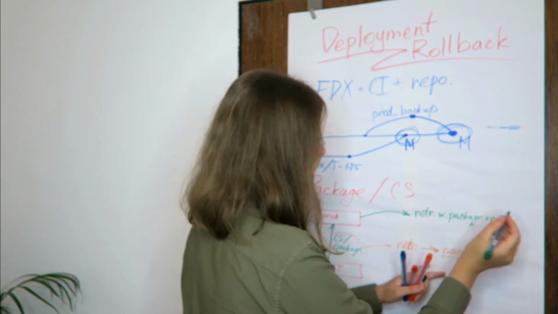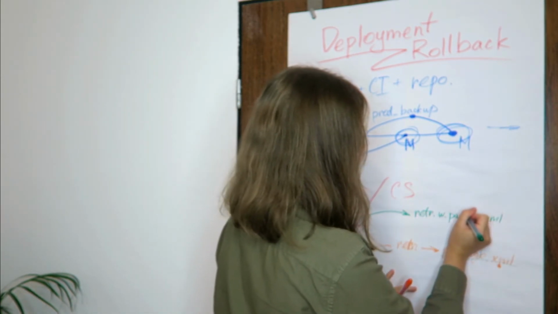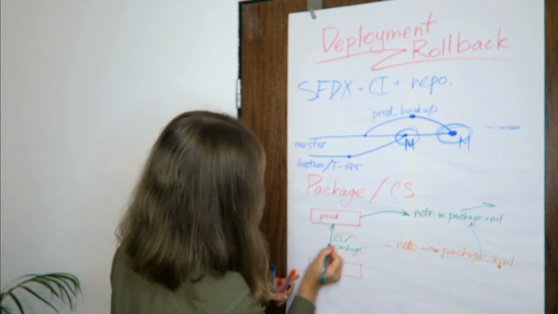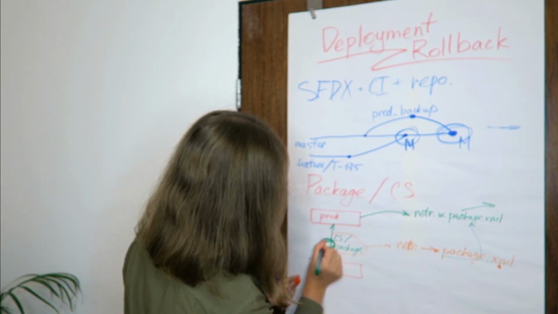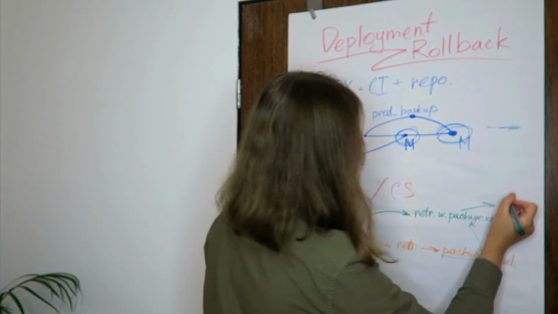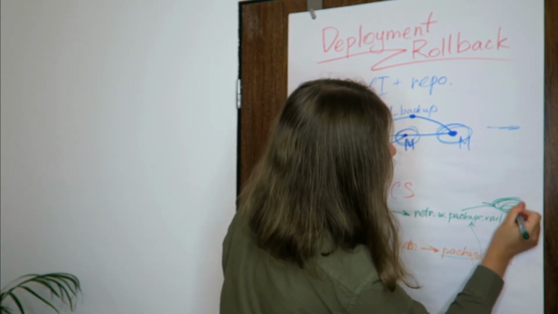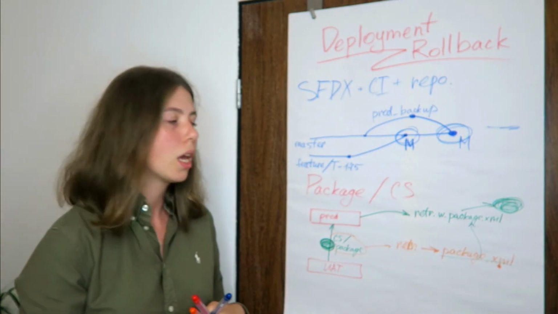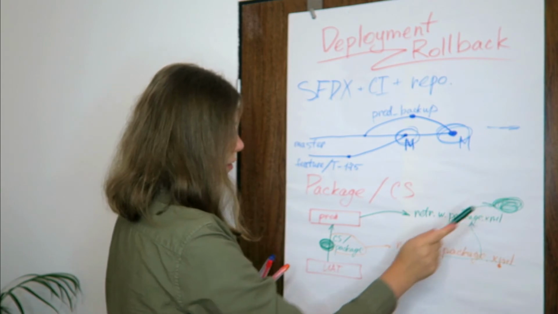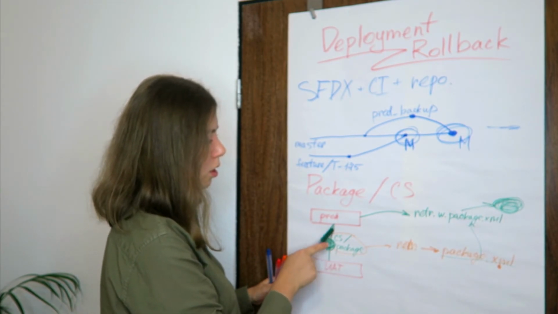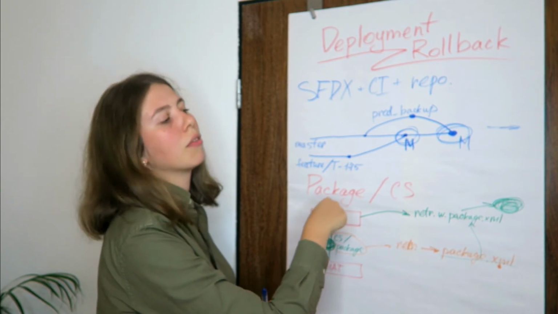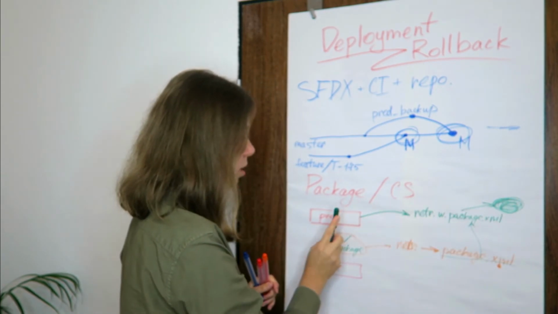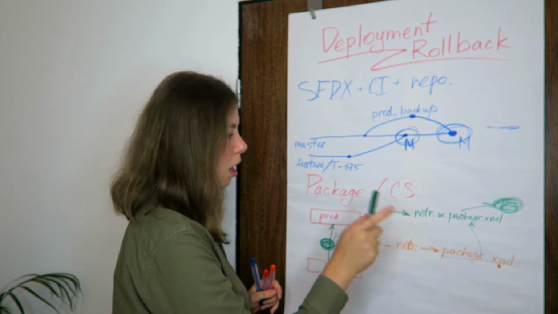Then you have that as a package, some zip file that you can deploy, and you always have that. Then you are deploying this, and if you want to undo your changes, you take that and deploy it back to production.